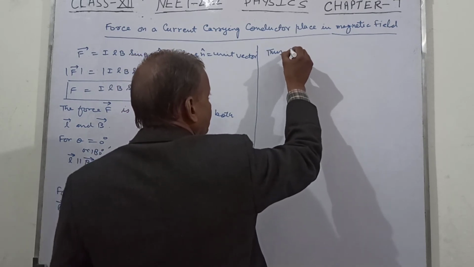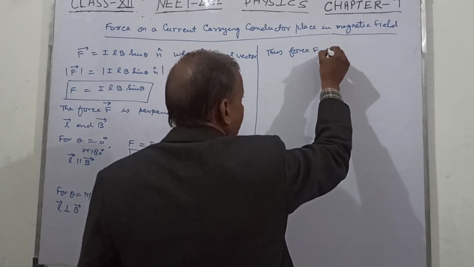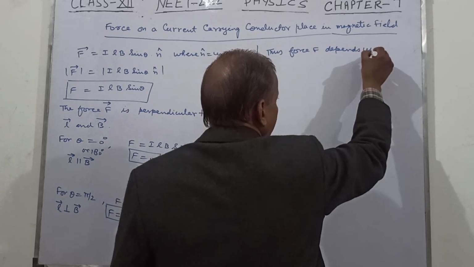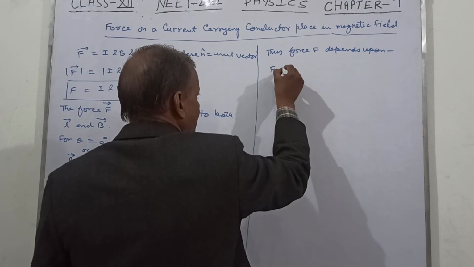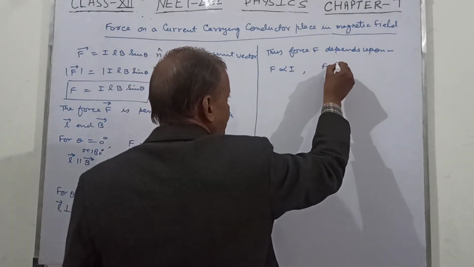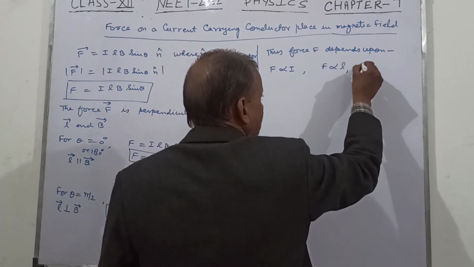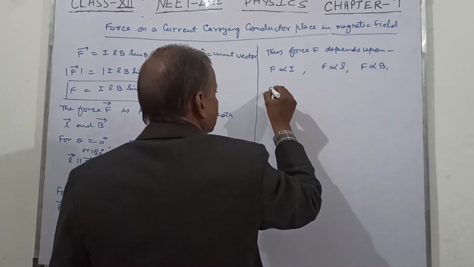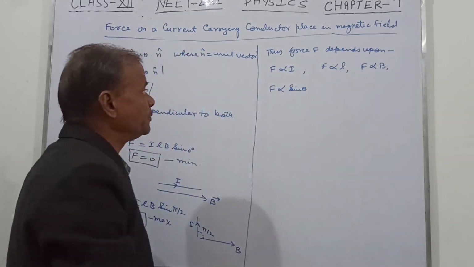Thus the force F depends upon what? F is proportional to I, F is proportional to L, F is proportional to B, and F is proportional to sin theta, the sine of the angle between them.